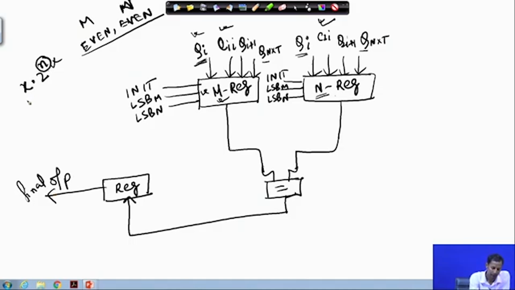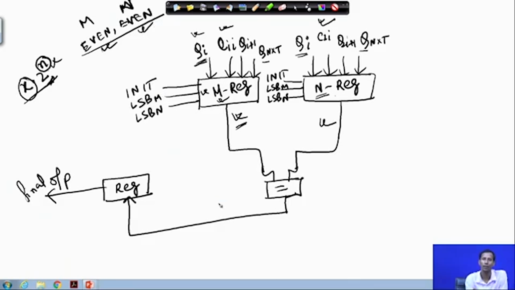At that time, whatever the values of M and N are, that is the end point. Now, with that value I have to multiply by how many times I found an even position.